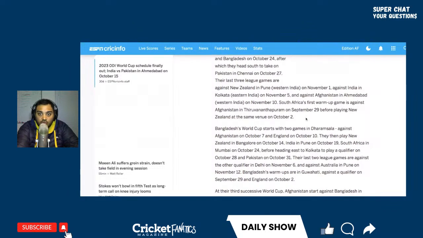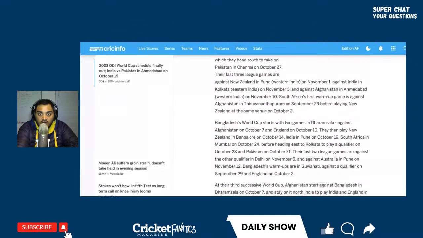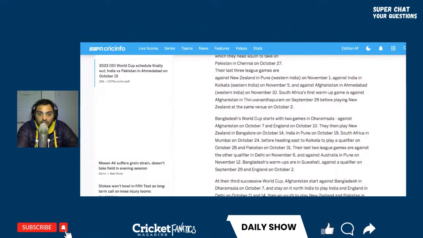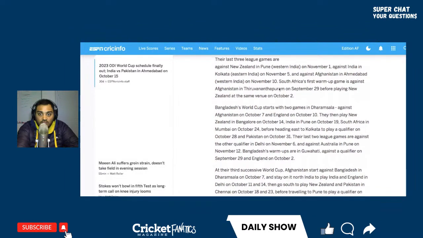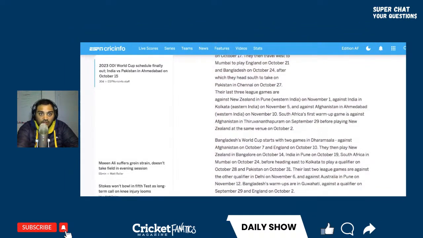South Africa's first warm-up game is against Afghanistan on September 29 before playing New Zealand at the same venue on October 2nd. So that's our schedule over there. There might be a couple of changes to the schedule, and when we get that update, we will release that to you guys as soon as we get the updated schedule.